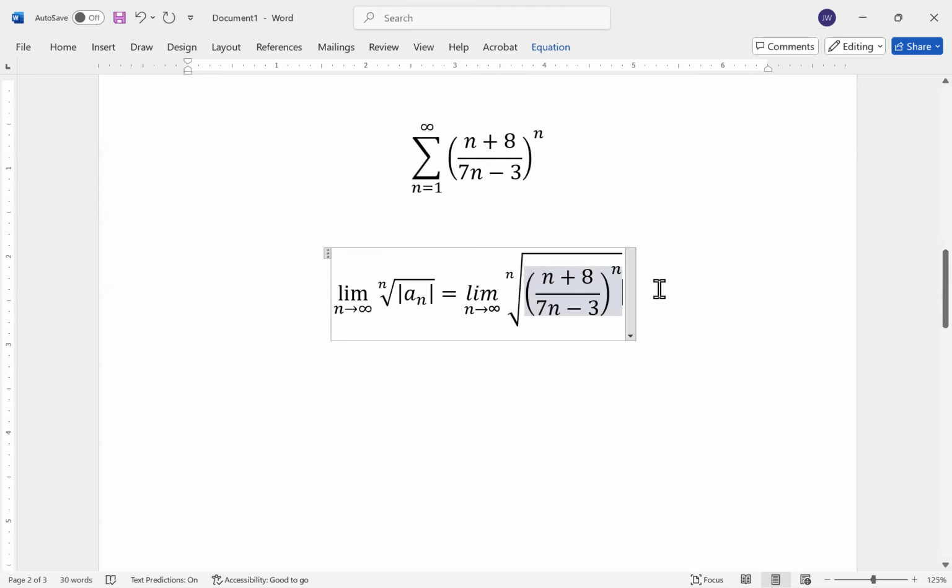And notice that the nth root and this nth power are going to cancel each other out.